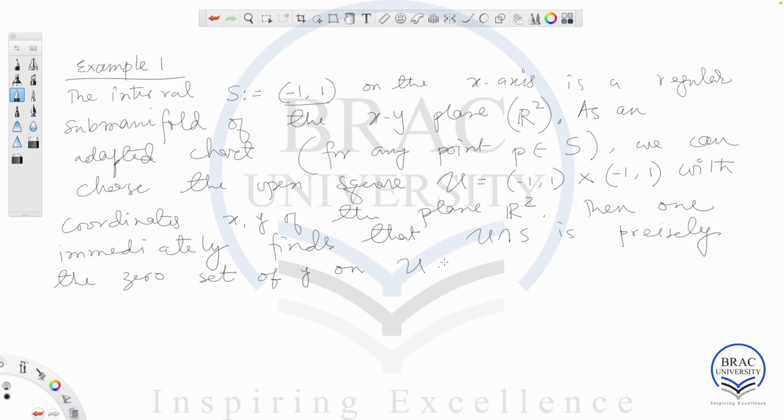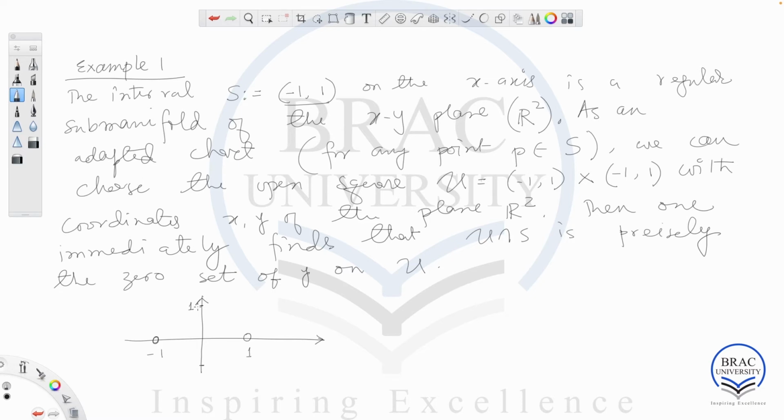Let me draw a picture for this. This is the y-axis, and this is the x-axis, and this is minus 1, this is plus 1. Now I am taking the open square.